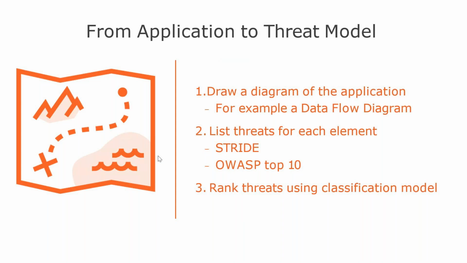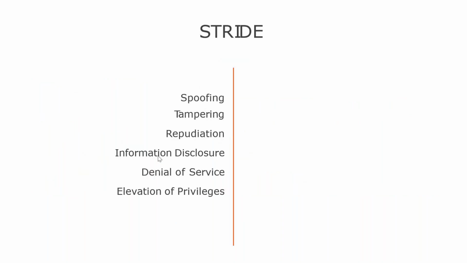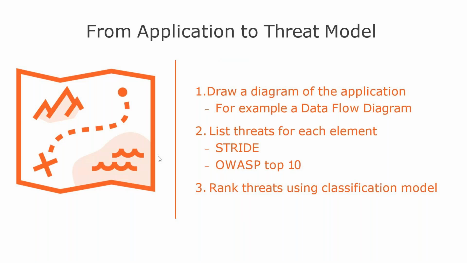So you start designing the DFD, and you list the threats for each element: how your application can get spoofed, tampered, have its reputation damaged, suffer information disclosure, DDoS, or elevation of privilege. You list all these out, and the OWASP Top 10 is also available, by the way.